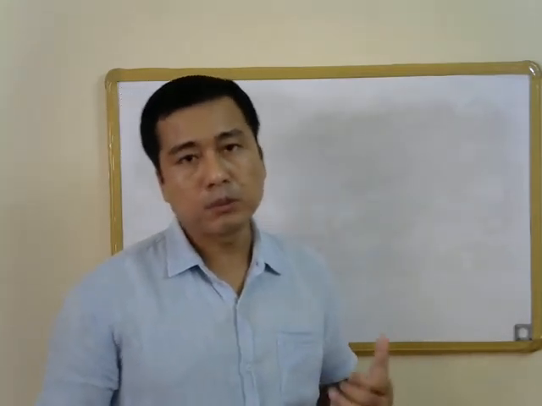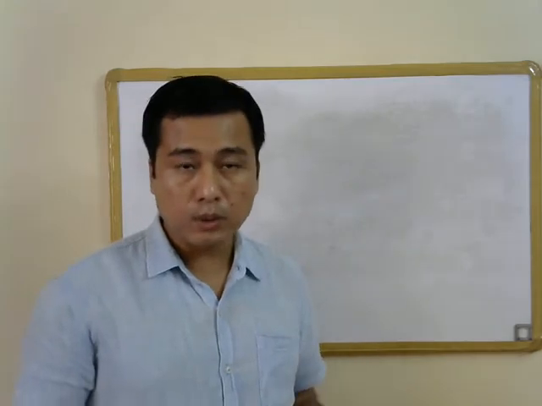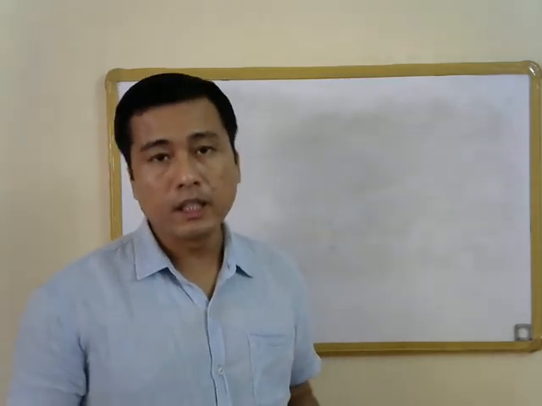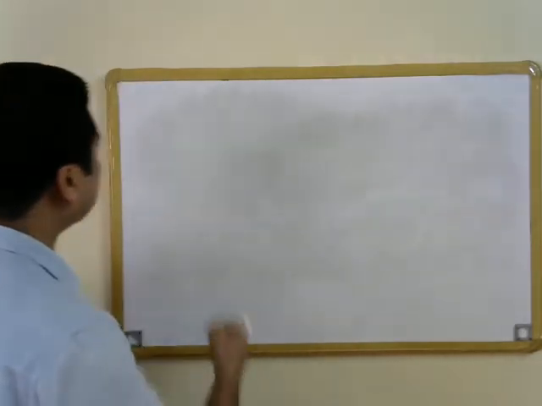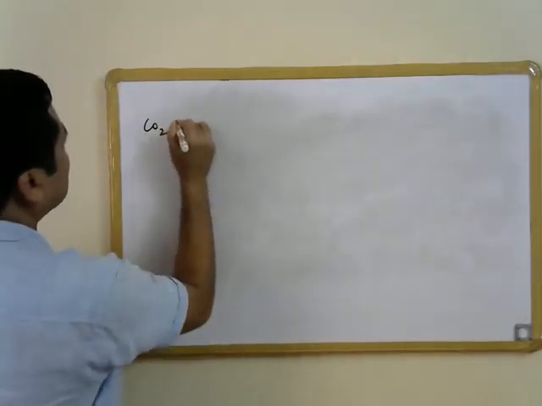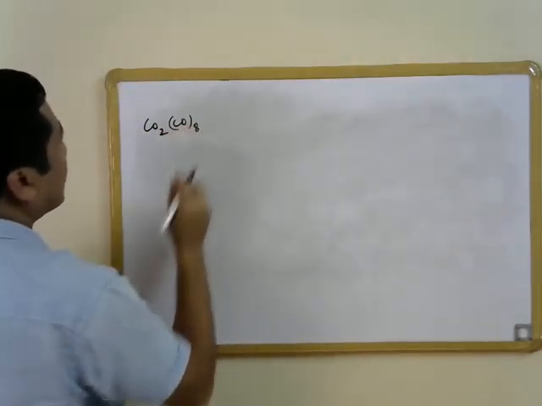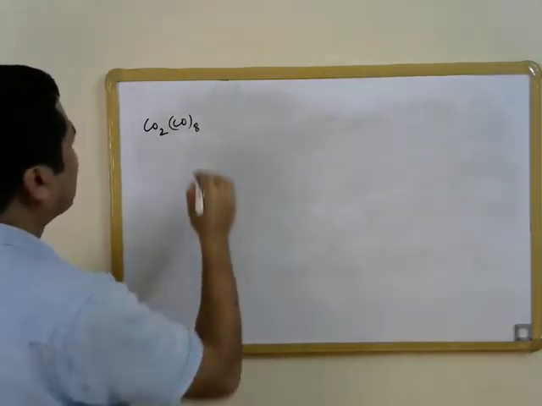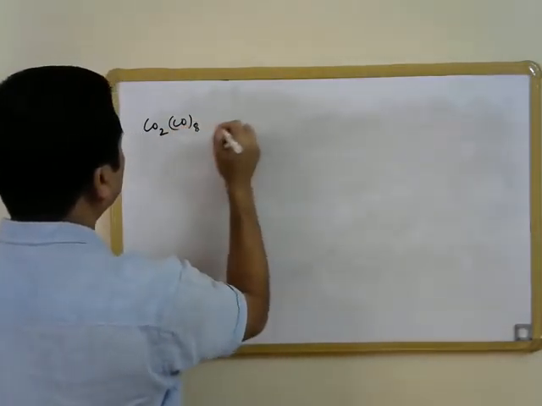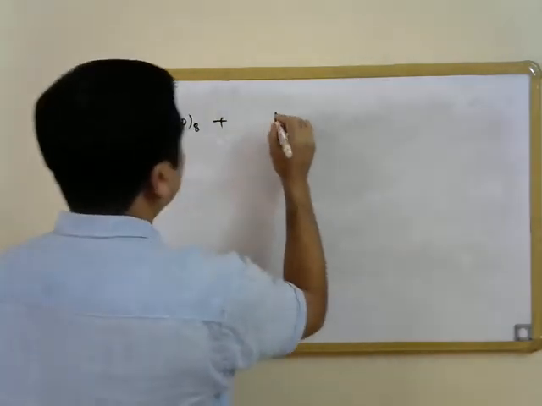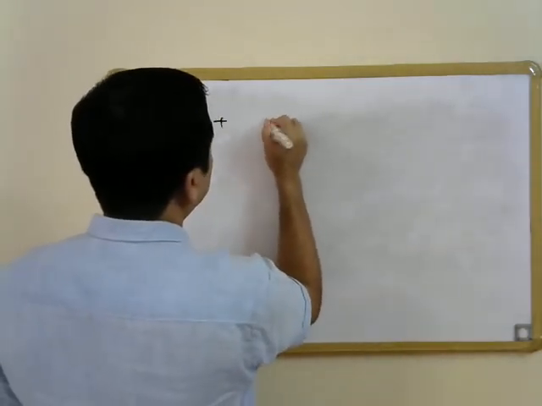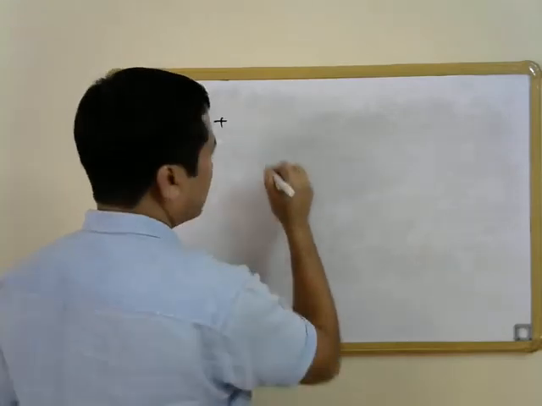Now we will discuss the preparation of metal alkyne complexes where the alkyne ligand acts as a bridging ligand. One very important example of this type of reaction is the reaction of dicobalt octacarbonyl with an alkyne ligand.